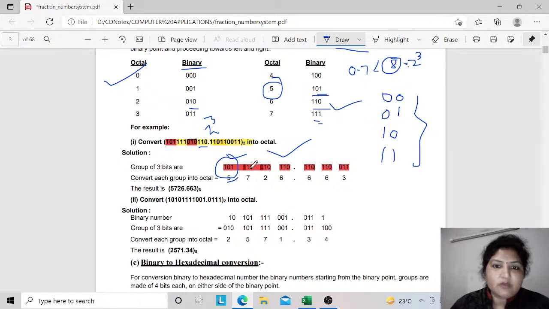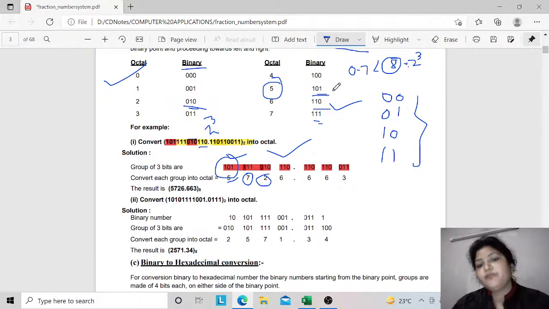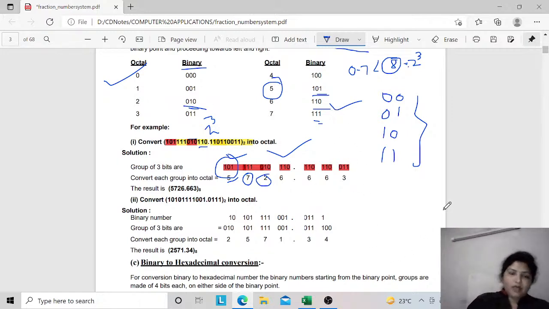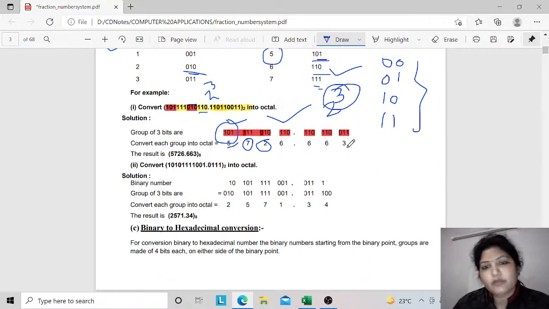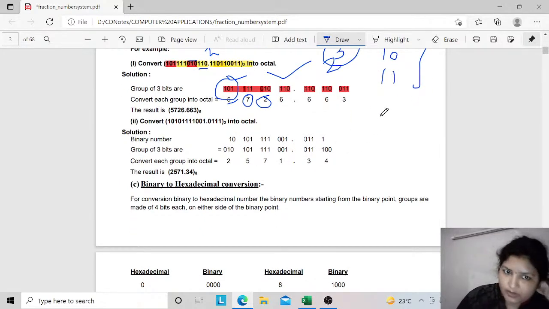Then we have 111, that basically represents 7. Then 010, it is representing 2. So you are putting in place of that particular binary number and making the padding of 2 raised to the power 3. So 3 digits are padded into one group, right?